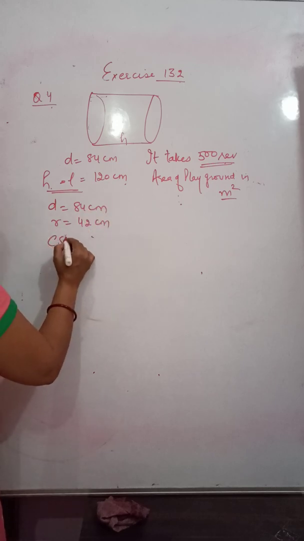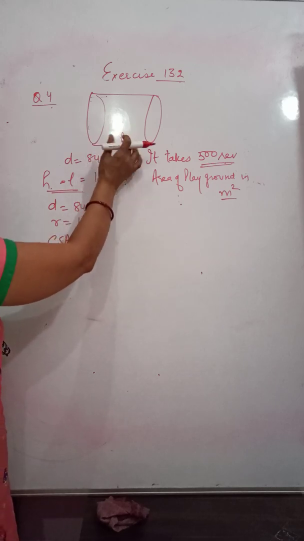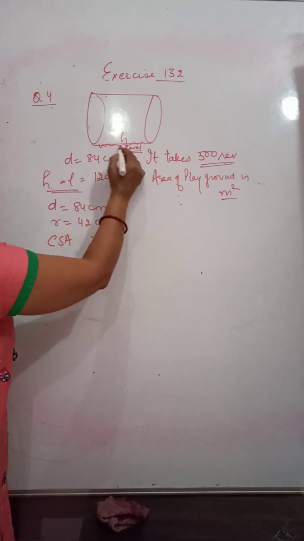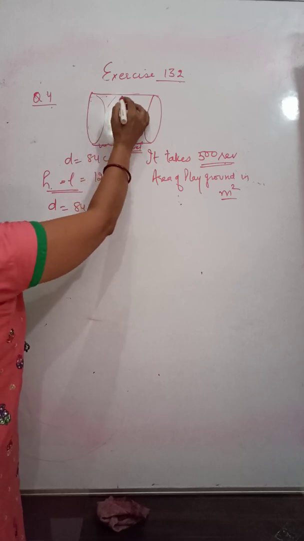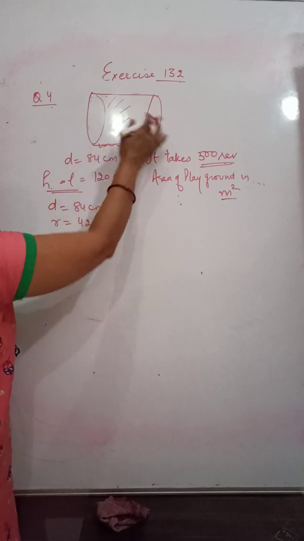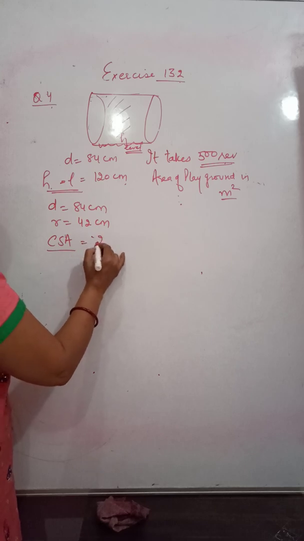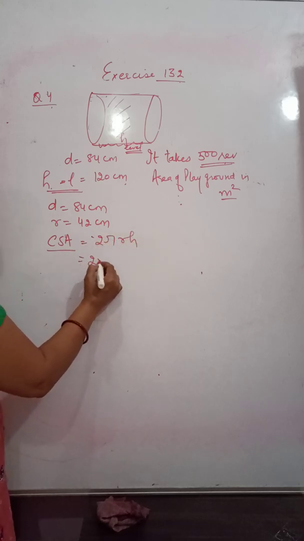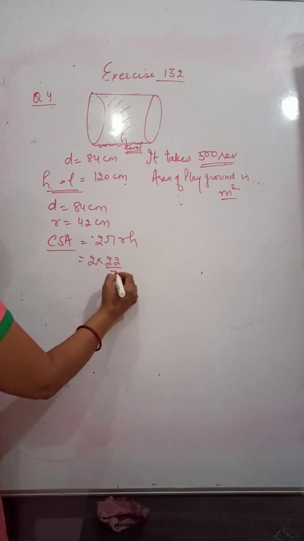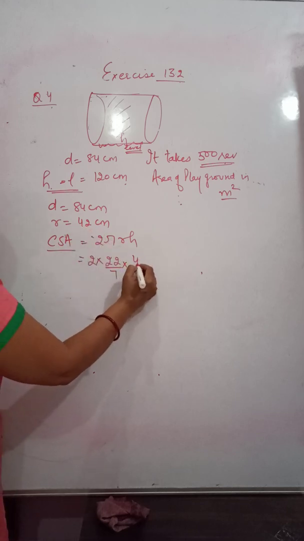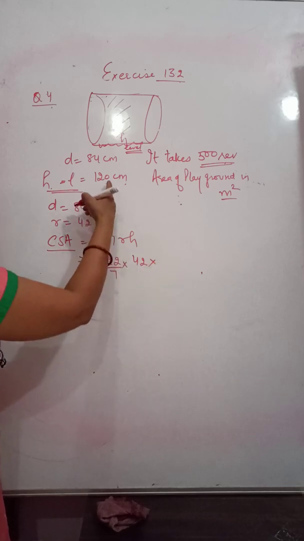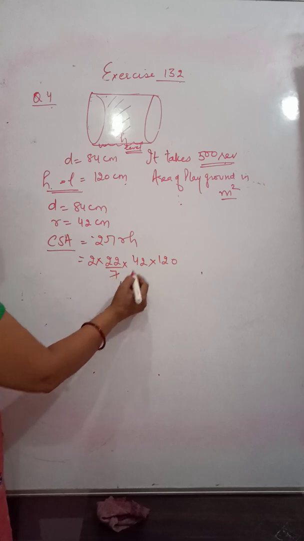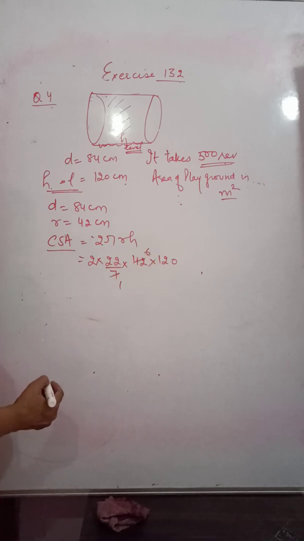Let's find the curved surface area. Why curved? Because this roller, this portion only is used to level the ground, not these two. So curved surface area is 2 pi r into h. 2 pi is 22/7, r is 42 and h is 120. 7 1 the 7 6 the.